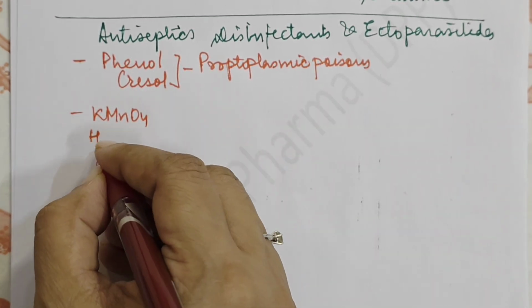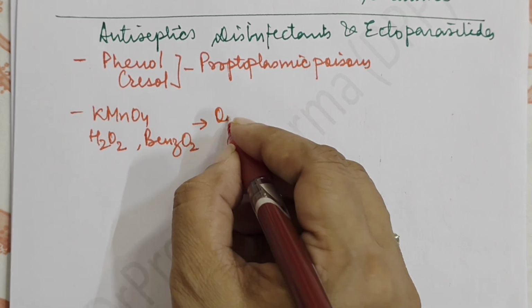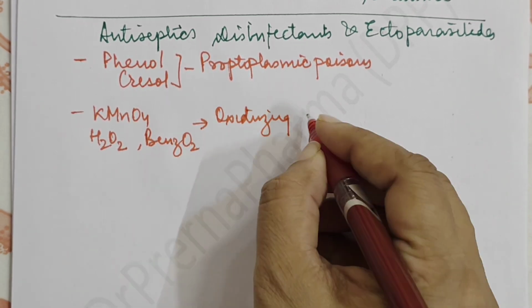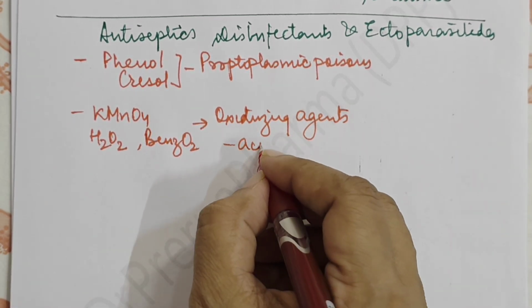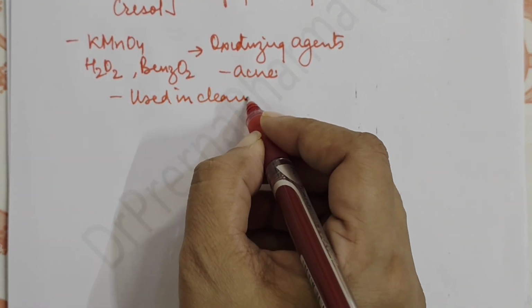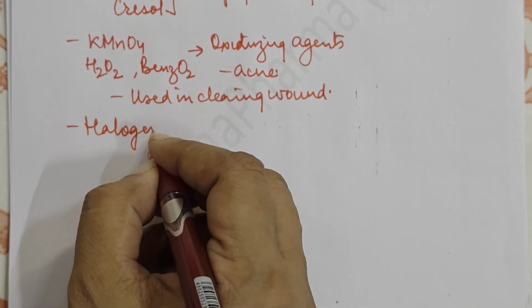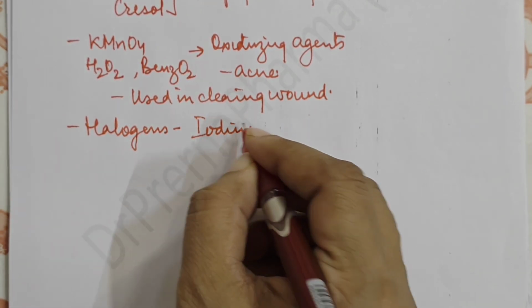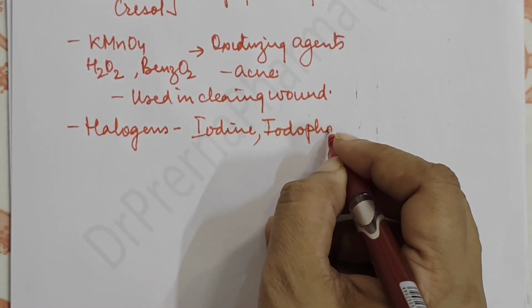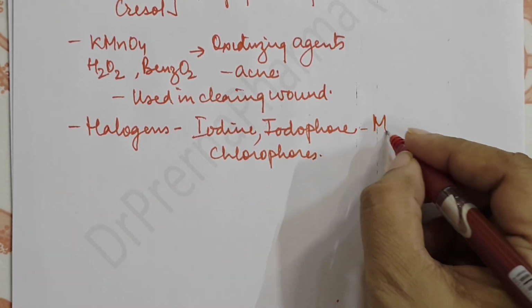KMnO4, hydrogen peroxide, benzoyl peroxide, they are oxidizing agents and they are used in acne, also used in cleaning of wounds and removing the slough. Then there are some halogens like iodine, iodophores, chlorophores, right?